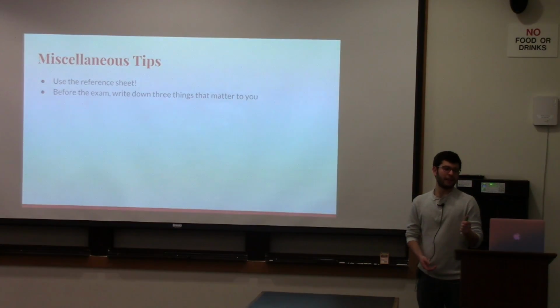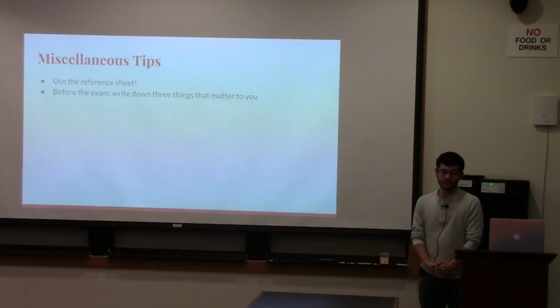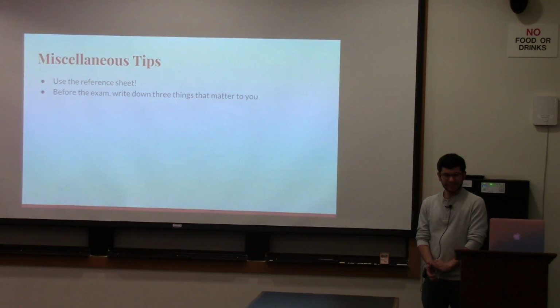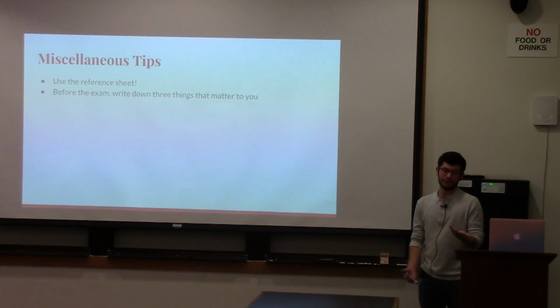Beyond that, this is a tip that another CS lecturer at this school told me once that I found really helpful. On a separate sheet of paper or on your actual exam, I won't mind when I'm grading, just write down 3 things that matter to you in life, whatever you want.